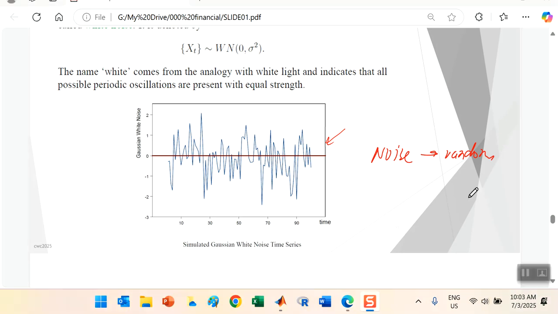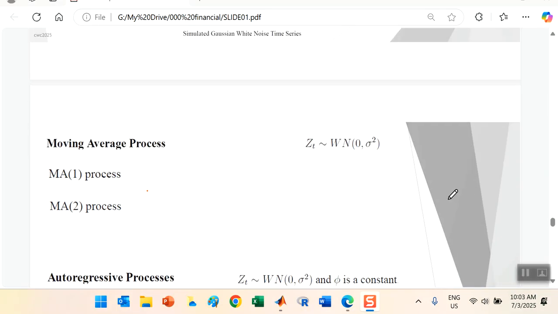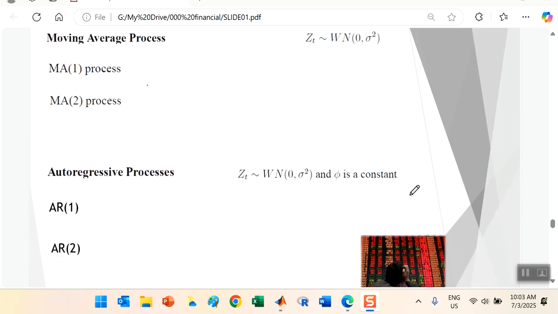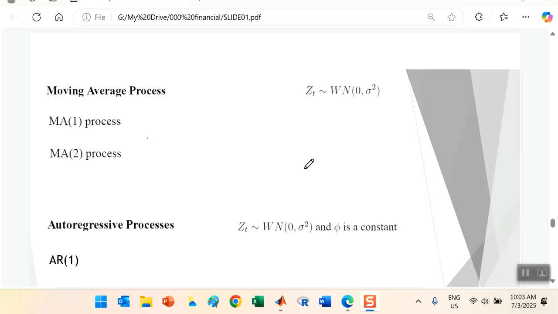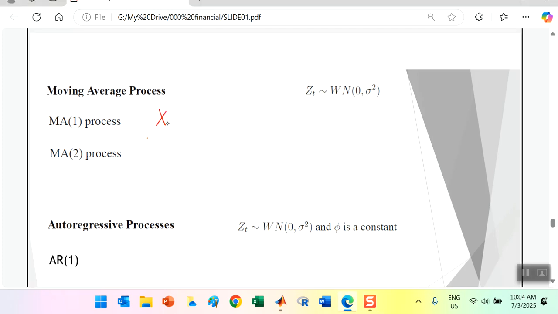In the next section, we're going to look at two types of models that can be used to capture the serial correlation of a time series. First, the moving average process. If you have a moving average order 1 process, let's say you have Xt, which can represent the price, the returns, or even volatility.